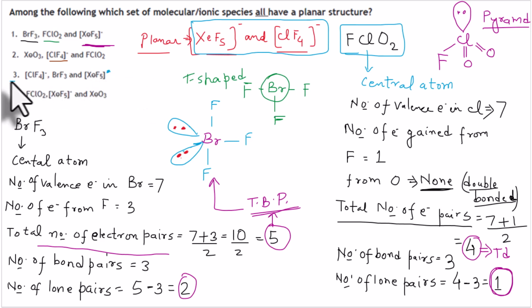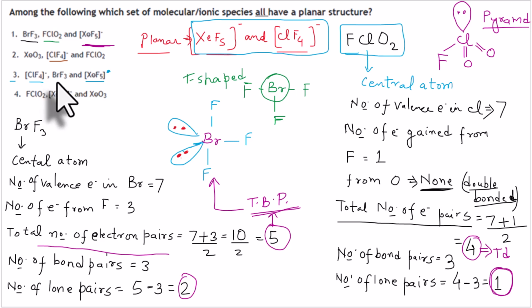So in this option 3, we have ClF4 minus and XeF5 minus together, which can be planar structures, but not BrF3, which is T-shaped. Actually we can consider T-shaped: if two-dimensionally we observe that, then this could also be a planar, T-shaped planar structure.